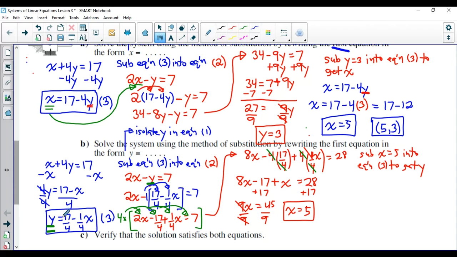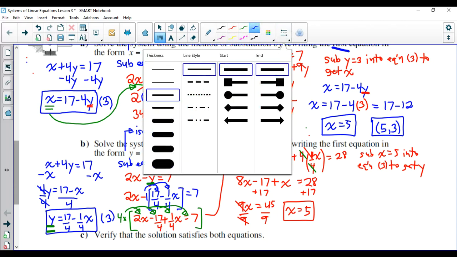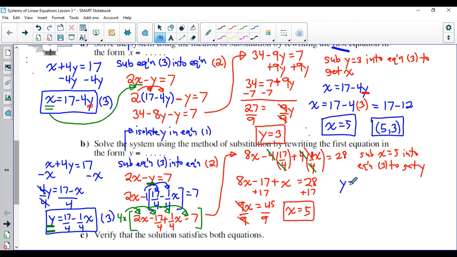Okay, so this equation, let's write it out again. So you would have y is equal to 17 over 4 minus 1 over 4 times x. We're going to take x equals 5 and replace the x value here.